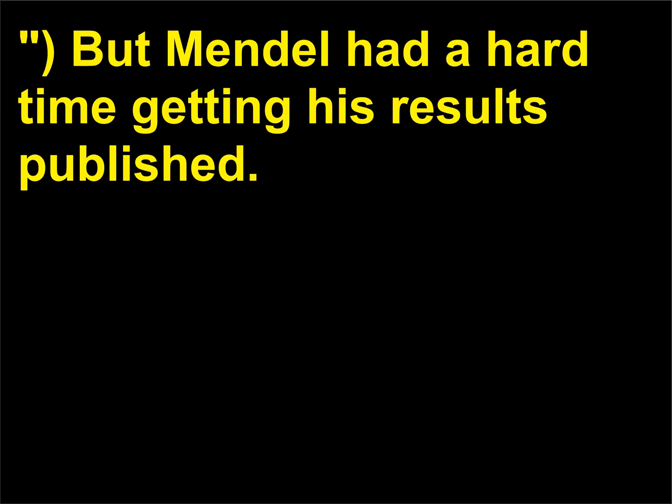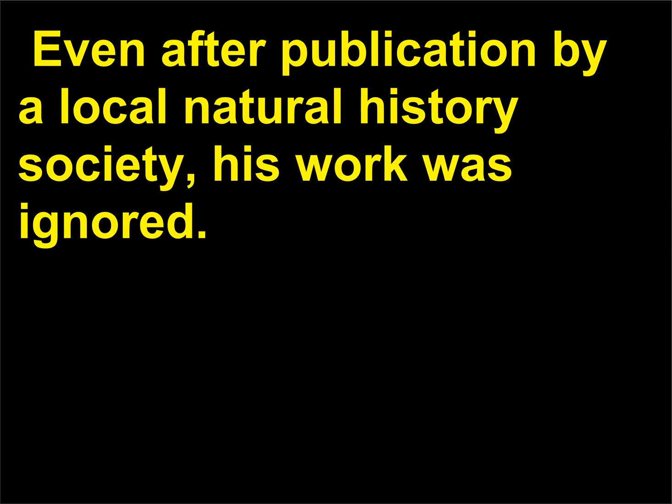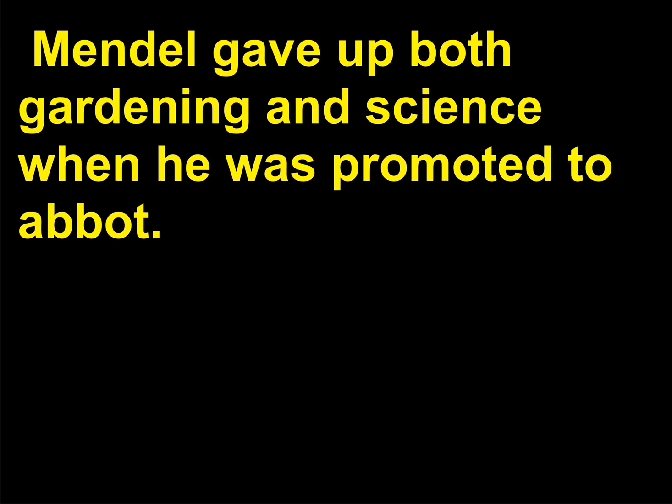But Mendel had a hard time getting his results published. Even after publication by a local natural history society, his work was ignored. Mendel gave up both gardening and science when he was promoted to abbot.